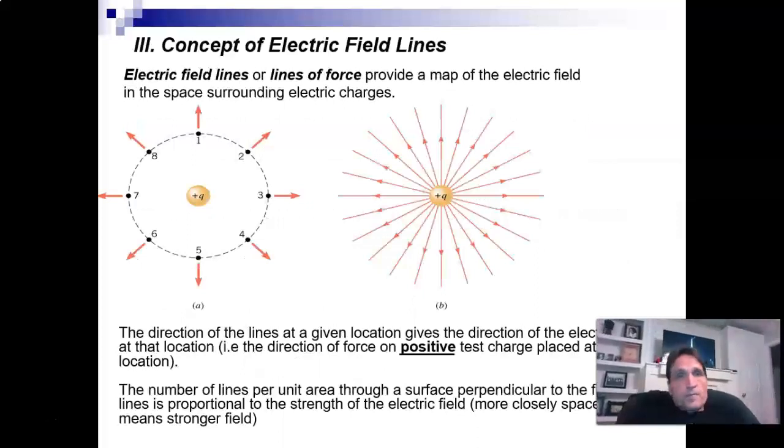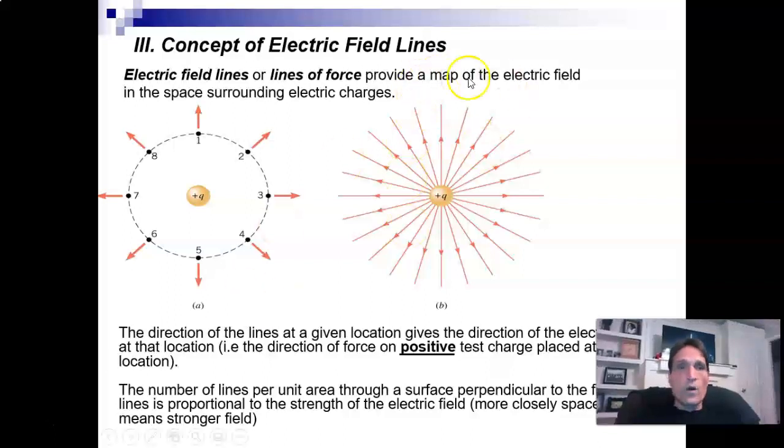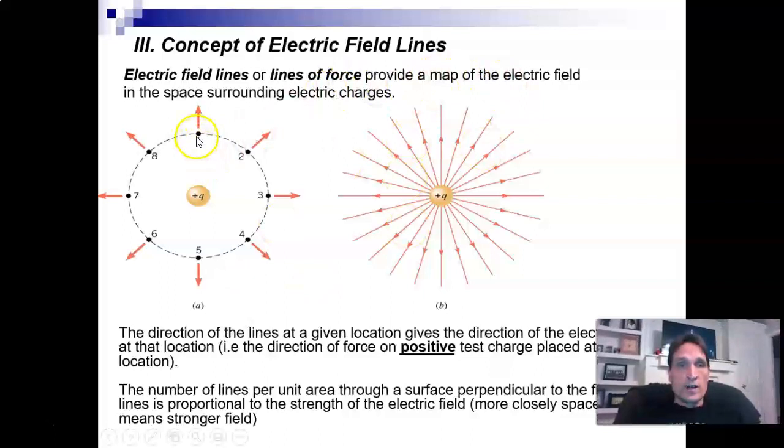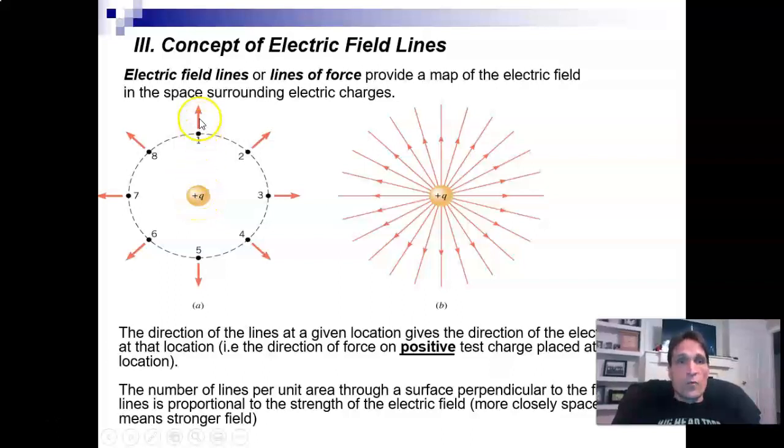So to calculate the electric field, we move our little probe to every possible location. We calculate the force on our positive probe charge due to this plus source charge here. We know that it's repulsion because the positive probe is repelled. And so we get a magnitude and a direction of our vector of the electric field at every point in space.